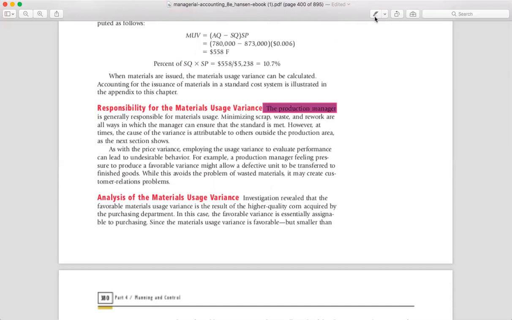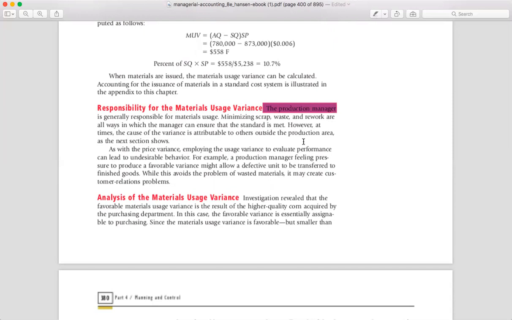But sometimes the cost of the defects goes to another production area. So employing the usage variance to evaluate performance can lead to undesirable results. For example, a production manager feeling pressure to produce a favorable variance may allow a defective unit to be transferred to finished goods.